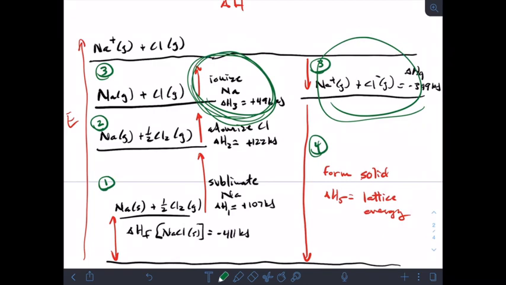And that would cause the ionization energy to increase even more. And then if I were combining it with something that makes a 2- ion or a 3- ion, that changes this energy over here. Okay? So the point of showing this whole Born-Haber process is to illustrate the effect of charge on the lattice energy.